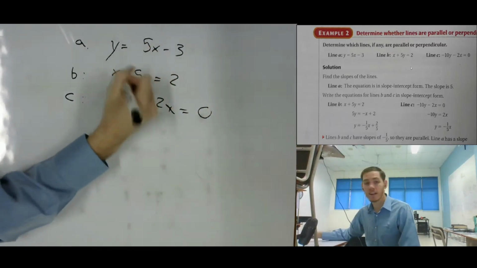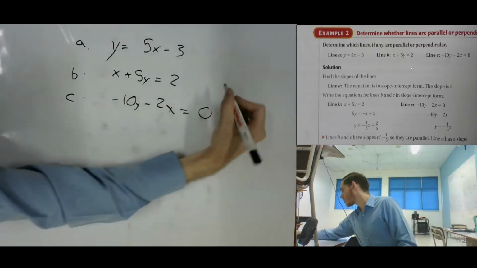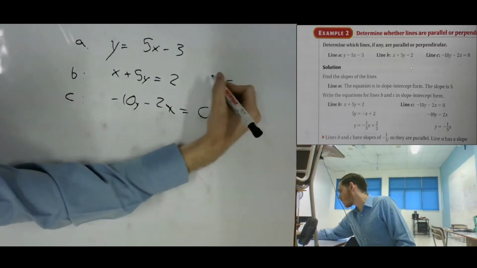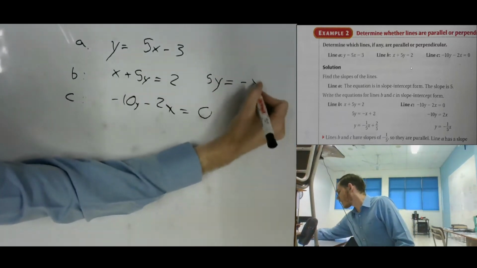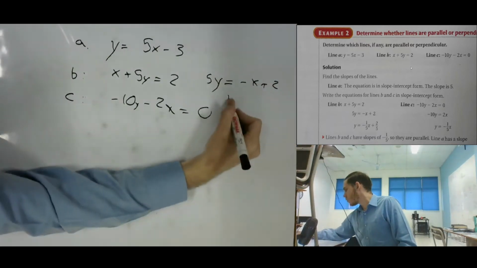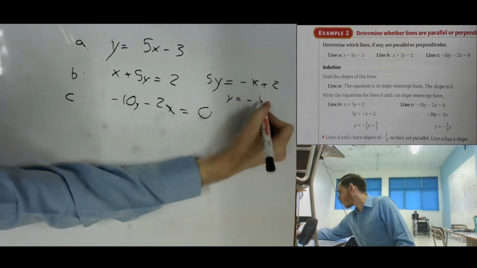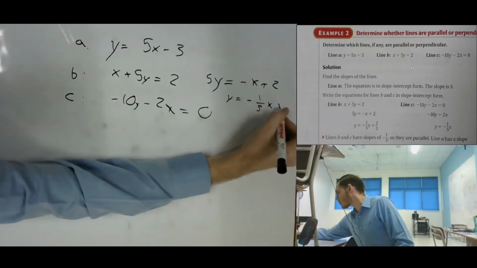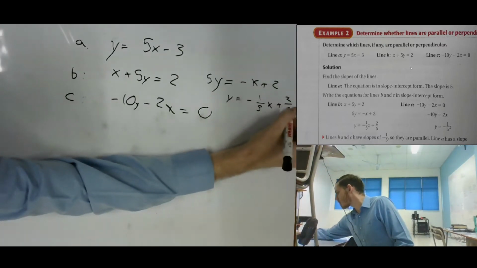First I'm going to write these two in slope-intercept form. We have 5y equals negative x plus 2, so y equals negative 1/5 x plus 2/5.